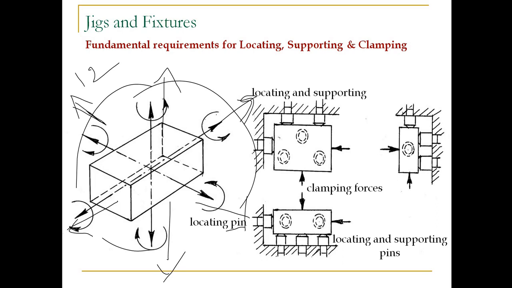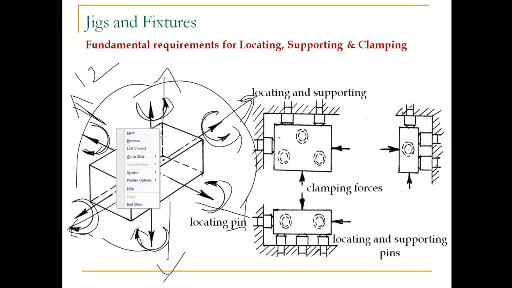Now in this particular direction it can rotate in counterclockwise direction. It can also rotate in clockwise direction in this axis, right? That is 8 degrees of freedom. It can rotate in counterclockwise direction in this axis and clockwise direction in this axis.